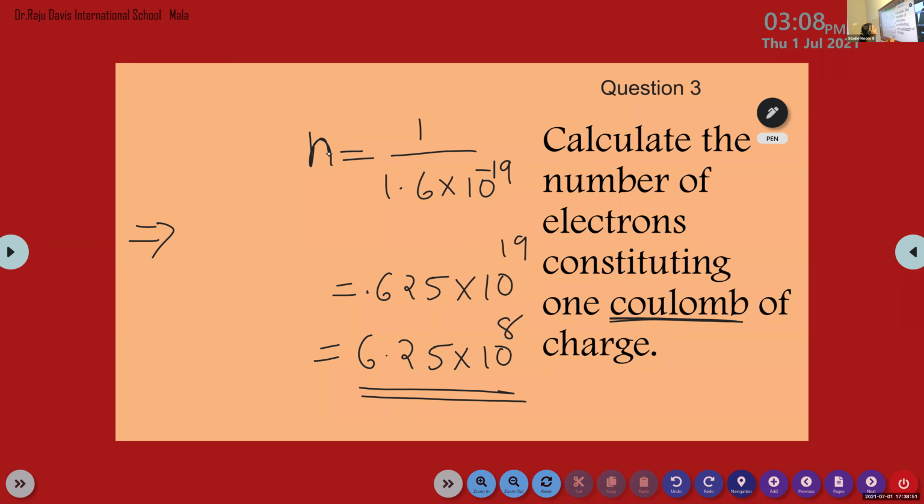No, so it carries no unit. So we calculate the number of electrons that constitute 1 coulomb of charge. For that we use the equation Q is equal to Ne, the relation between the charge and the number of electrons. So 10 raised to 18. Is it clear?